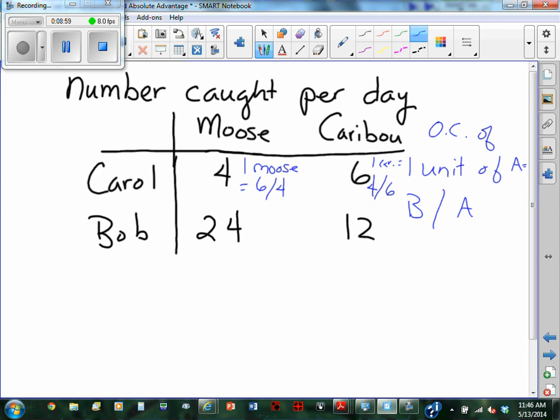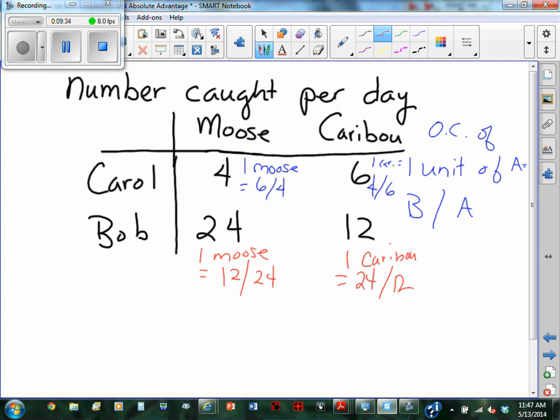Bob, on the other hand, master hunter. If Bob goes out and catches moose, 1 moose for Bob is going to be equal to 12 caribou divided by 24 moose. And 1 caribou for Bob will be equal to 24 moose divided by 12 caribou.